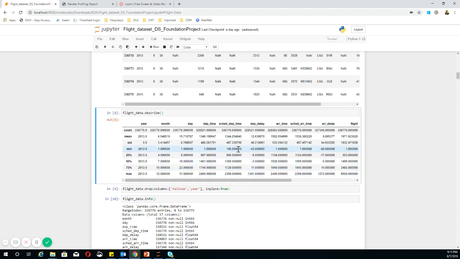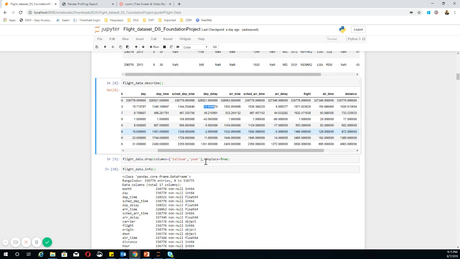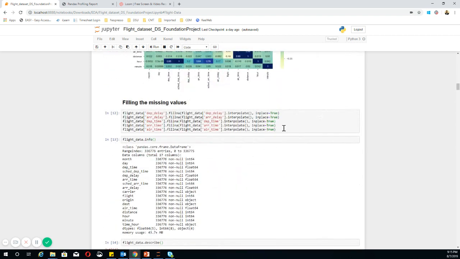Coming back to the describe analysis, I understood that for the arrival delay and the departure delay, the mean value and the median value vary quite a lot. So for filling the values, I used a function called interpolate, which is the best when it comes to dealing with missing values.